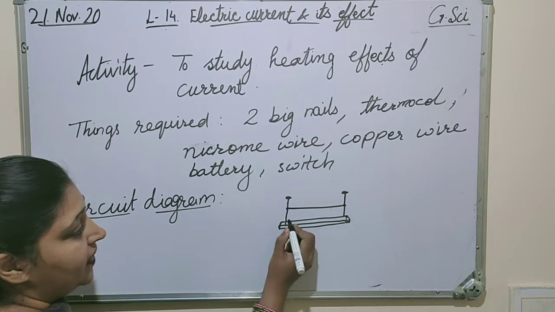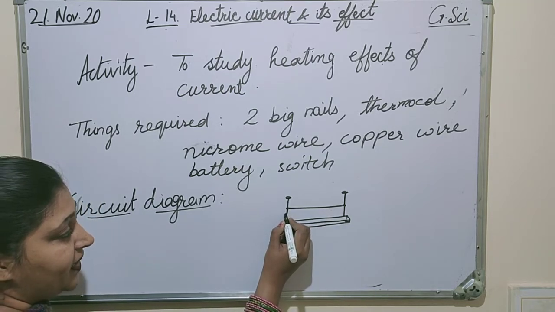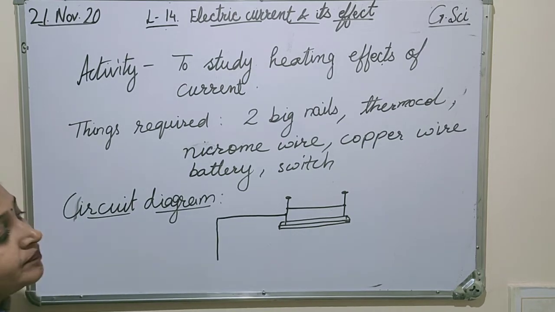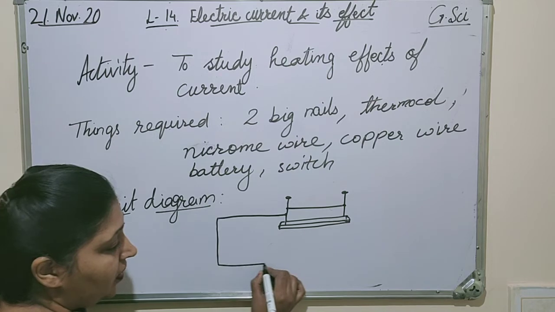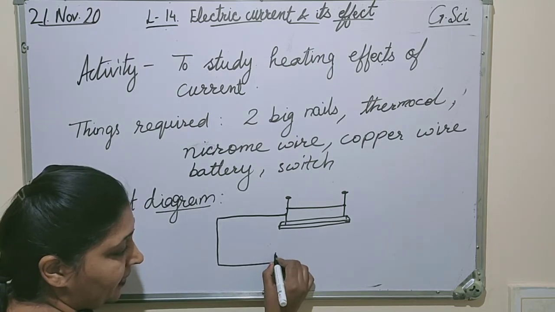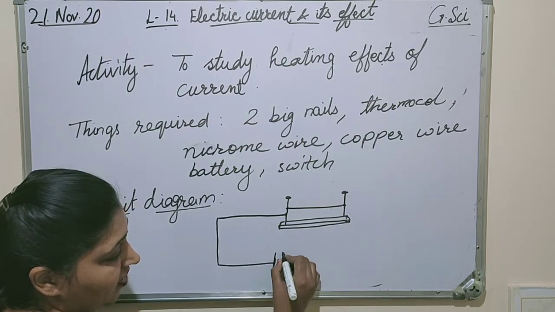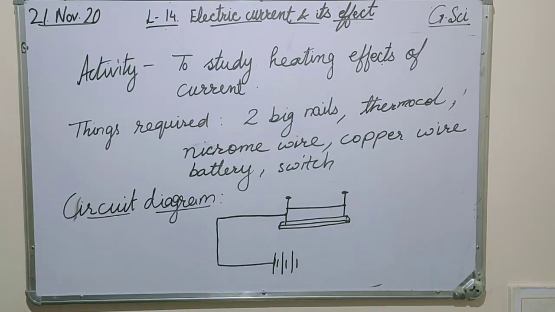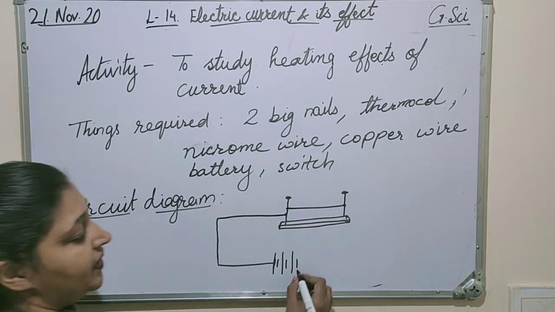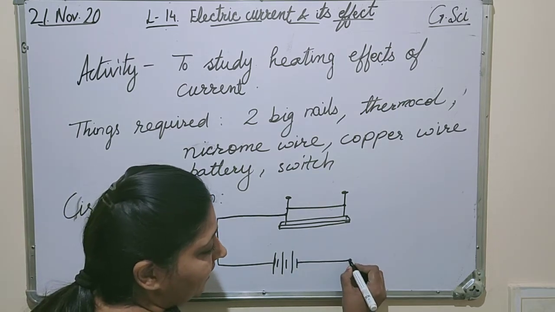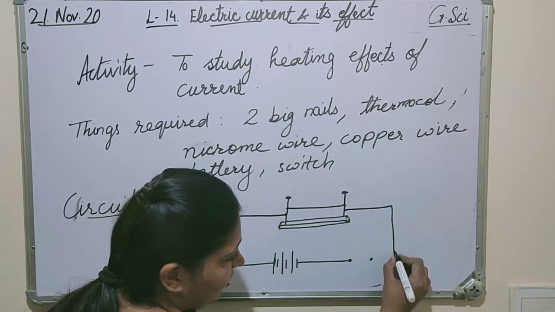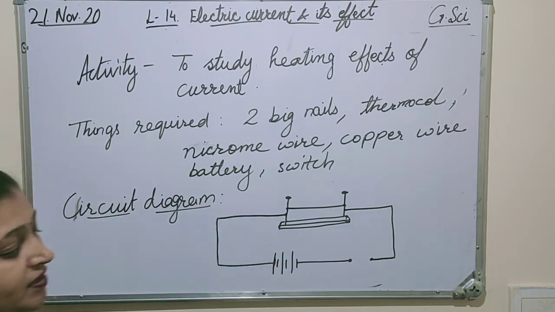So it is fixed over here, and now from this iron rod I have passed a wire and it is connected to a battery. Children, remember what this large line and small line indicate? Yes, this indicates the positive and negative terminals of the battery. Then it is attached to a switch and this is attached to another point.